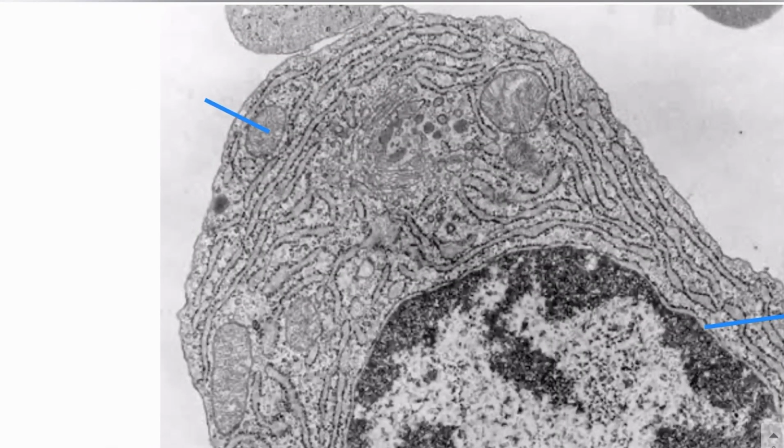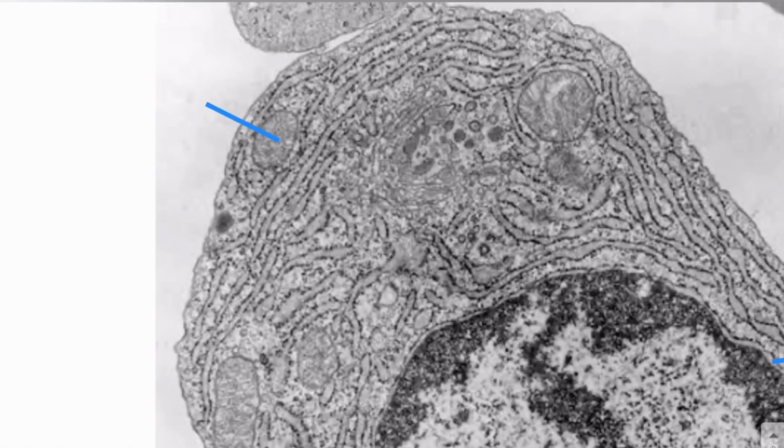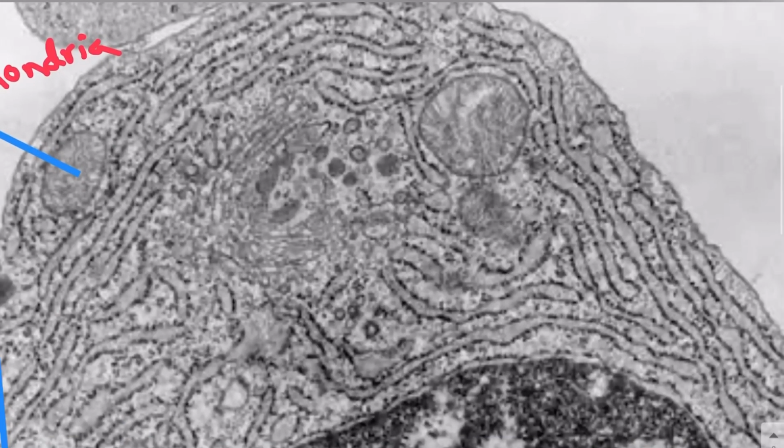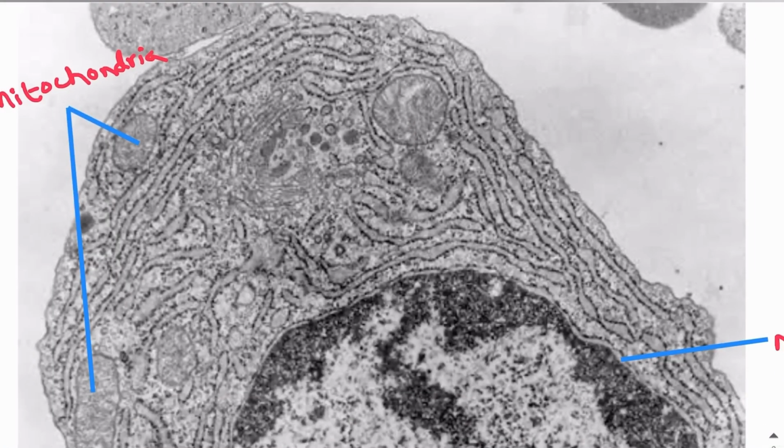It can be sausage-like, spherical, or oval shaped. This is how we recognize the mitochondria, right? And over here you can also see some dark lines in this structure and some areas which are white or lighter in the mitochondrion.